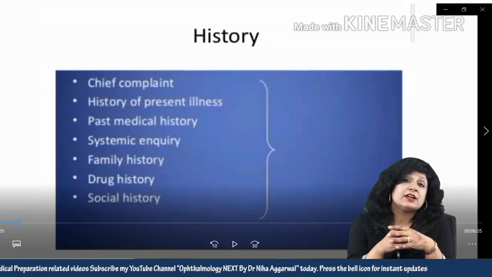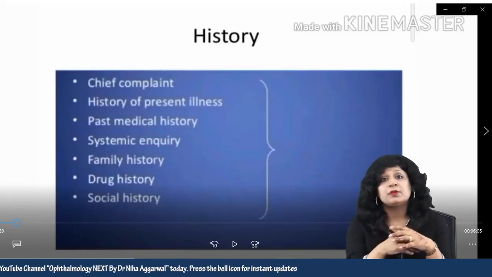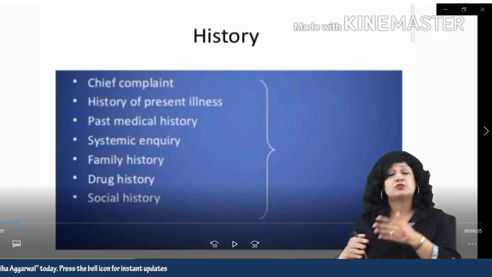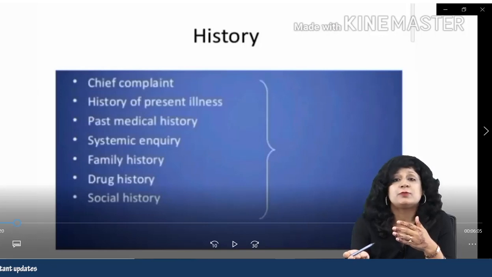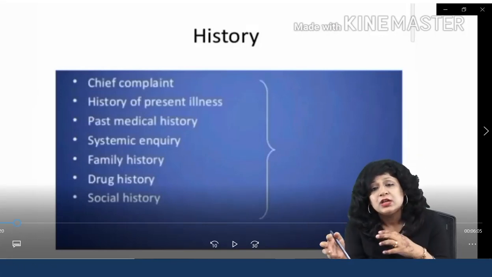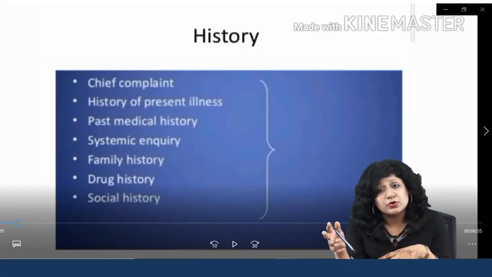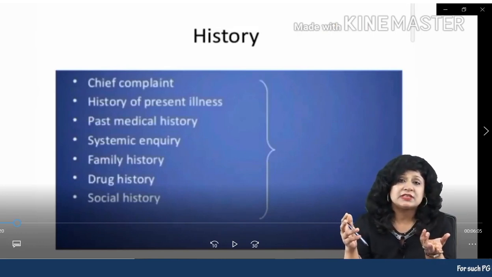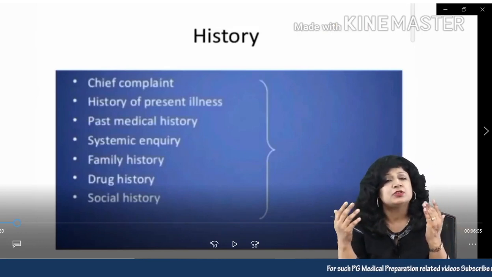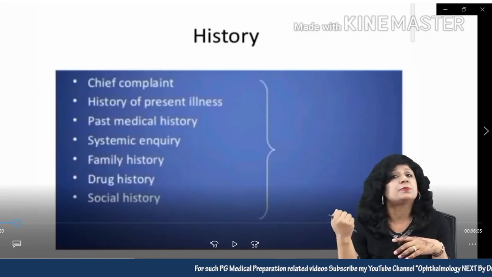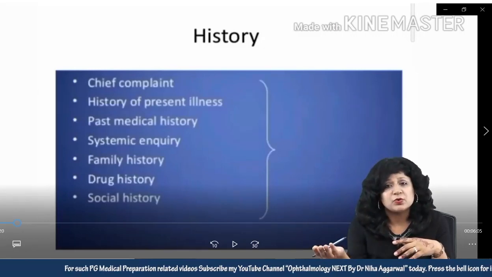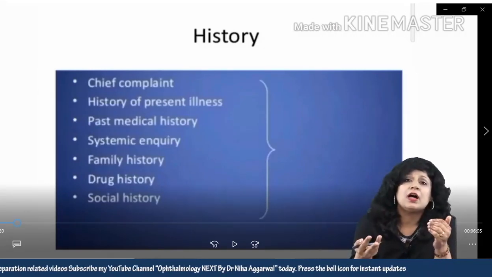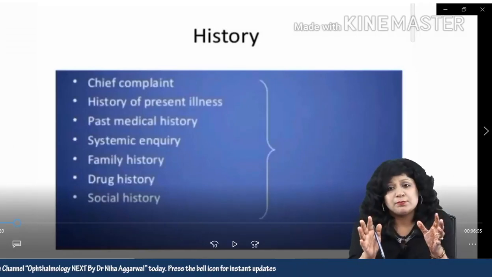And nowadays there are so many questions asked about the ocular side effects of systemic drugs. So maybe the patient has rheumatoid arthritis, is on chloroquine or hydroxychloroquine, and is coming for bullseye maculopathy. A patient of spring catarrh may be on steroids and developing glaucoma. So there are so many things which are important.